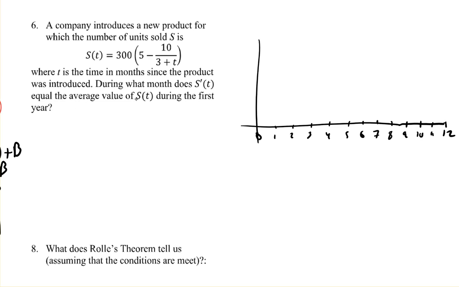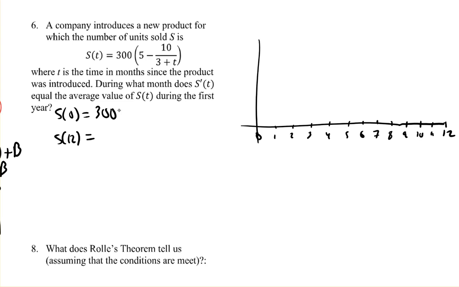So the average value of S of t, that would be, what was the average number of cells? You would take the first month and the last month, and divide by 12 because there's 12 months. That's how you get the average. So it sounds like I need to know S of 0 and S of 12, at the start and at the end.